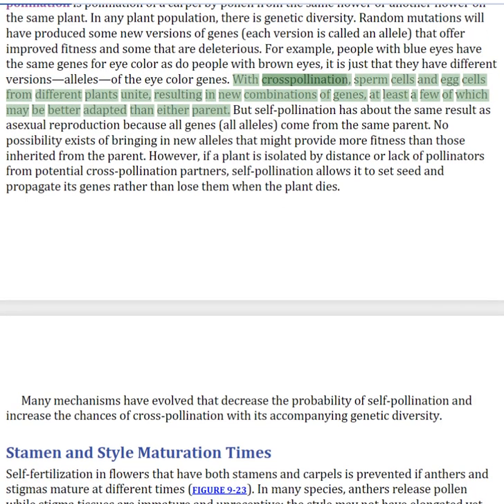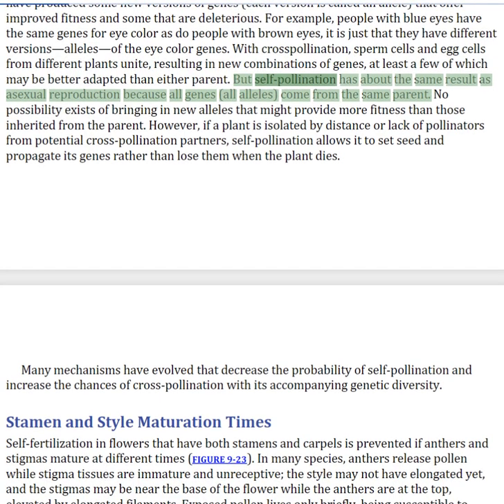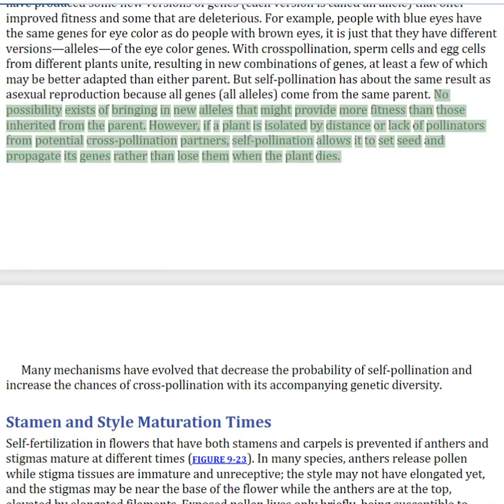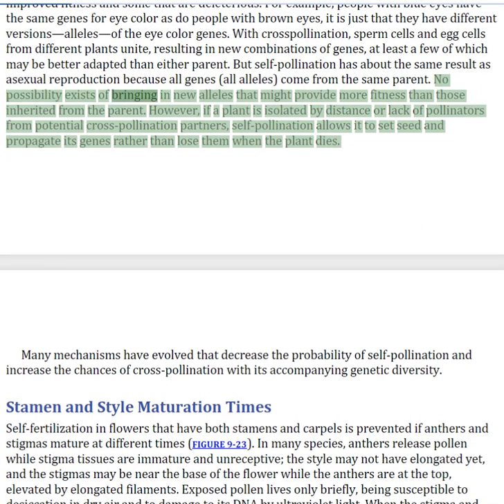With cross-pollination, sperm cells and egg cells from different plants unite, resulting in new combinations of genes, at least a few of which may be better adapted than either parent. But self-pollination has about the same result as asexual reproduction because all genes come from the same parent. No possibility exists of bringing in new alleles that might provide more fitness than those inherited from the parent.